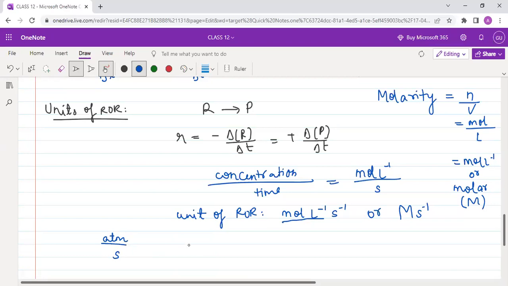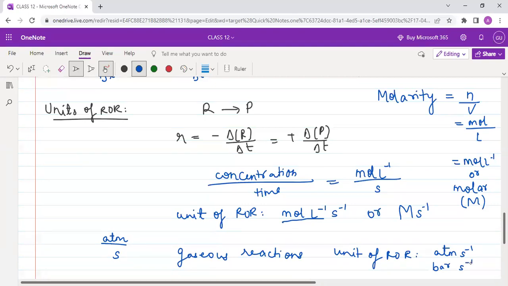So for gaseous reactions, the unit of rate of reaction will be atm per second. Or if it is given in bar, it will be bar per second, because atm and bar are units of pressure, but in NCERT, atm per second is mentioned for gaseous reactions. Okay, ma'am.